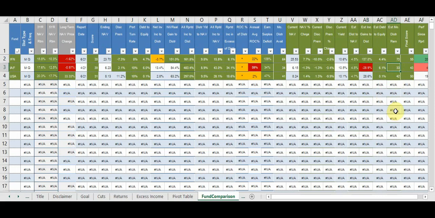Another major consideration for me is the long-term NAV price change. Now, what I'm looking for here is not that USA has a long-term NAV price change of an increase of 33.33%. What I'm looking for here is a significant drop in the long-term NAV price change.